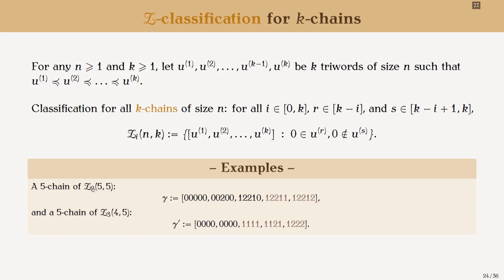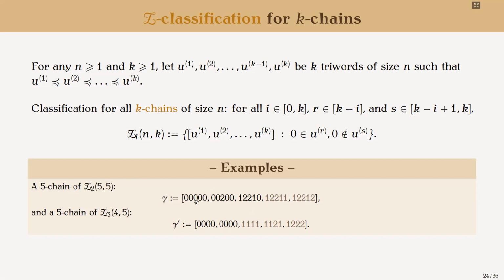For Z_2, we have a 5-chain gamma which has no 0 in the last 2 words, so it belongs to Z_2.